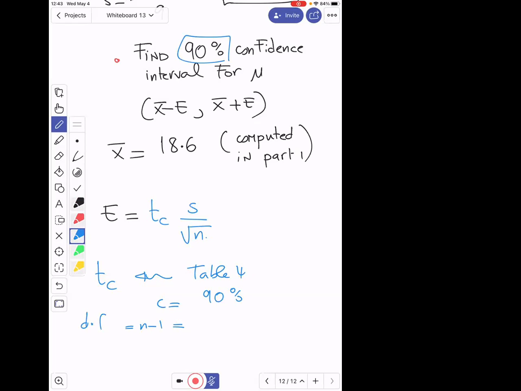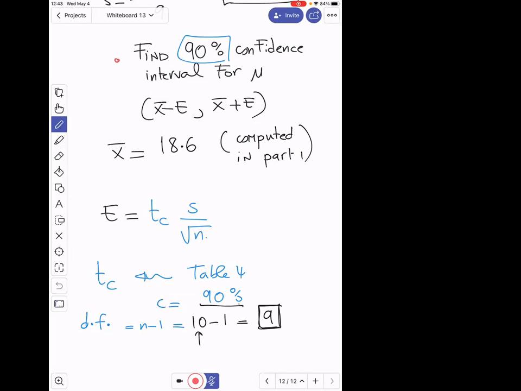So DF is n minus 1, where n is the number of data values. We have 10 numbers here, right? So n minus 1 is 10 minus 1, that will be 9.